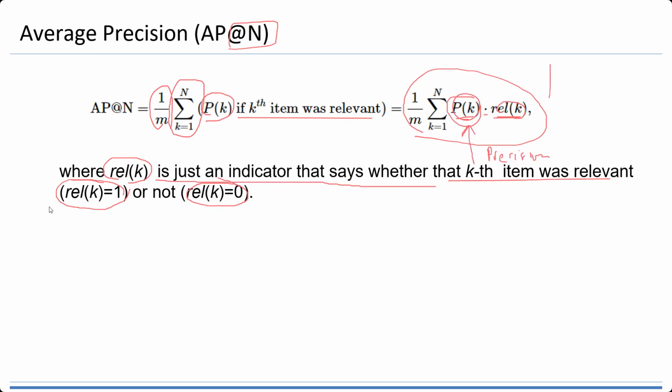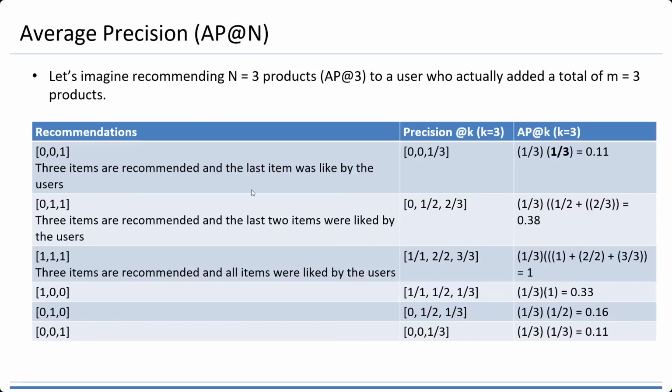Now let's check how we can apply this. We have average precision AP at N. So let's imagine we will recommend N equals 3 products. So N is 3 products. So we want to look at the average precision of 3 products for a user who actually added a total of M, that is 3 products. Okay. Now let's see, we have 3 products.